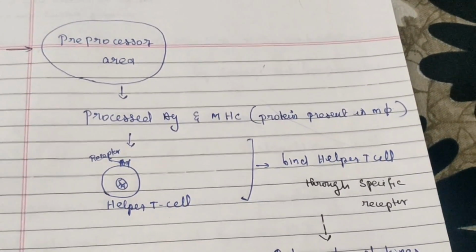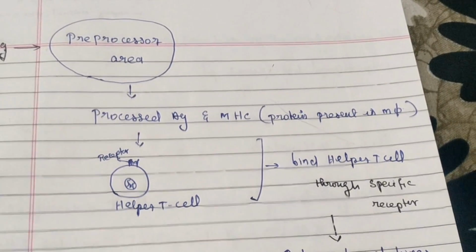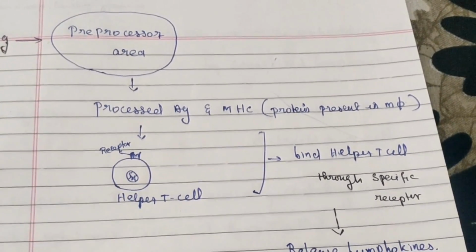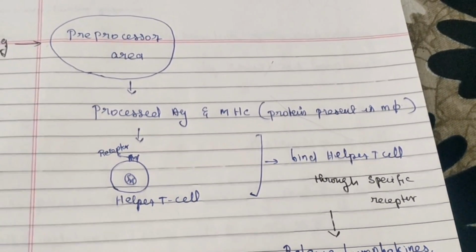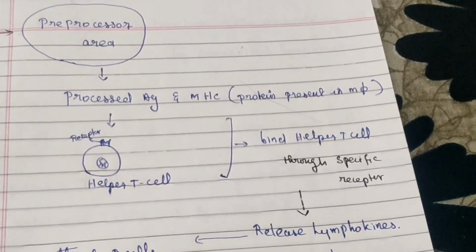The macrophage presents the antigen to the helper T cell, which binds through its antigen specific receptor.